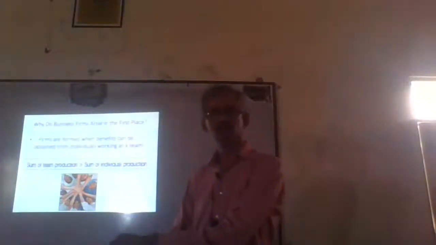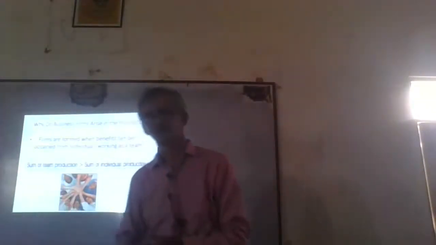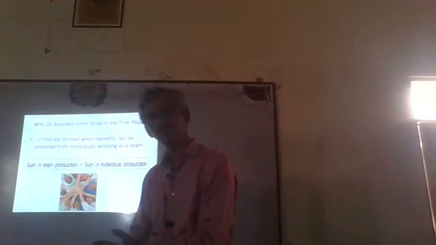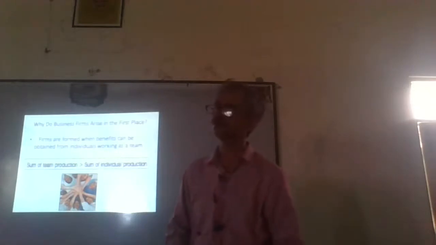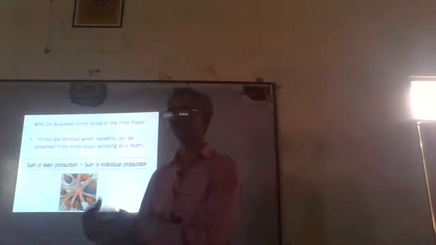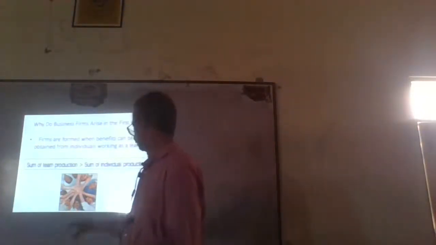Suppose there are 10 people working separately. Their total output is, say, 100. But when we combine the efforts of 10 people in an organization, their collective efforts produce, say, 150 units, while the individual effort produces 100 units.